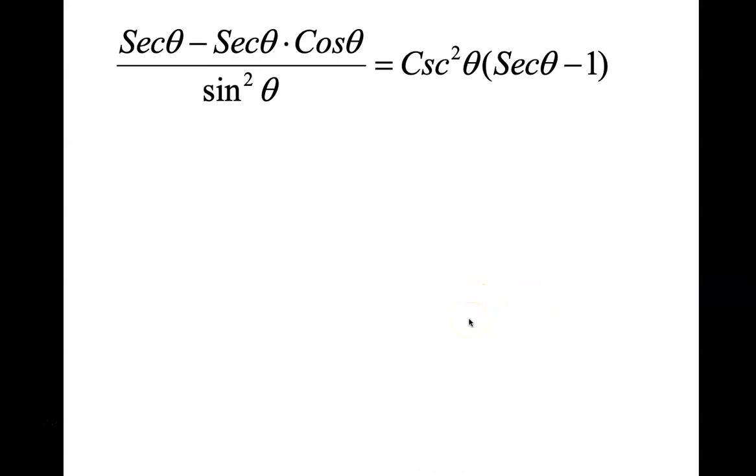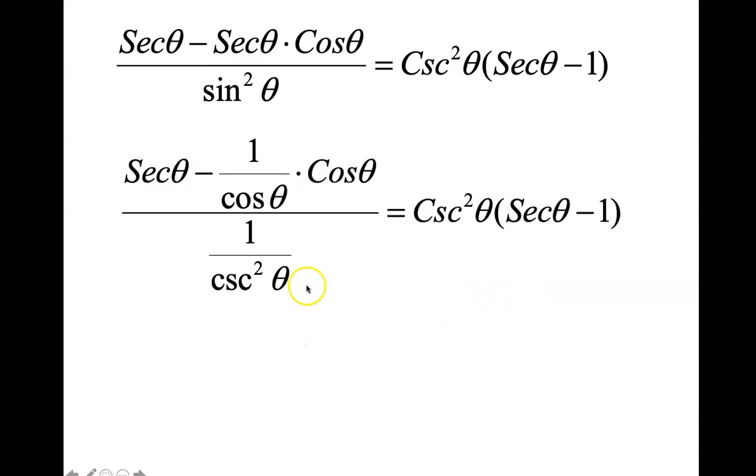So where do I go from here? Well, I'm going to write this secant as 1 over cosine, and it'll cancel very nicely with this other cosine. I'm going to write the sine as the reciprocal of the cosecant. Again, normally I do that the other way. I write cosecants as sines, but I'm going the other way this time because that's what my final answer has. So again, these will cancel.